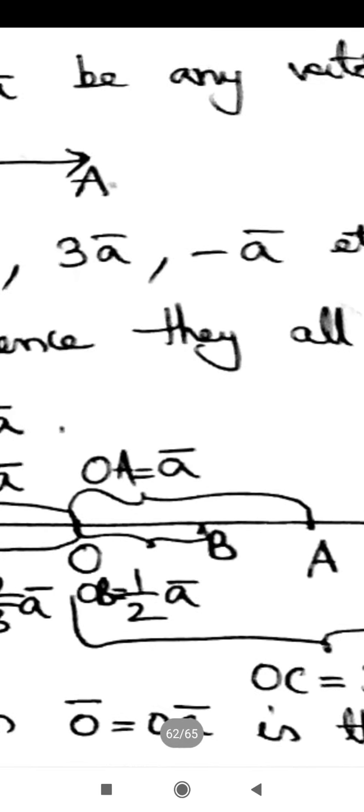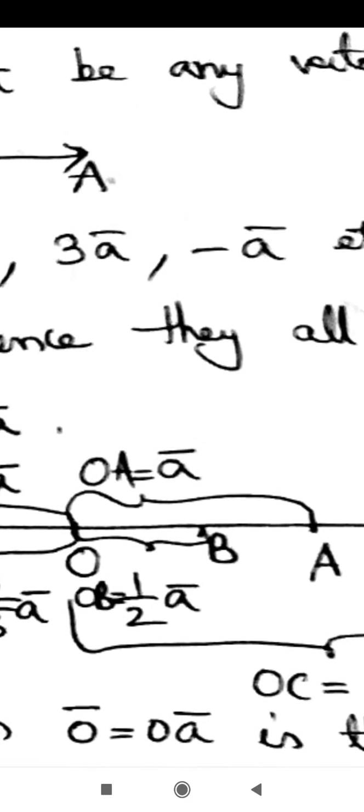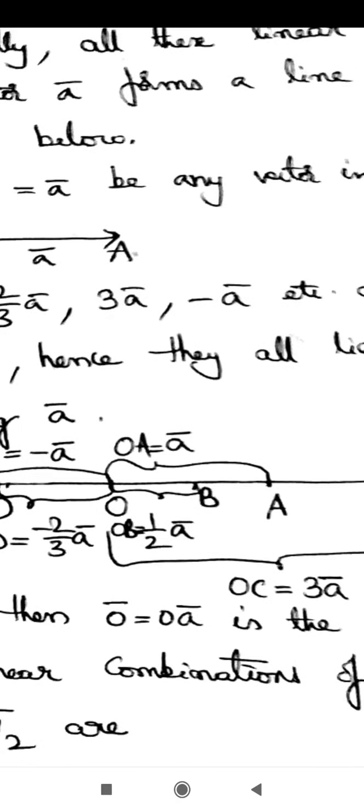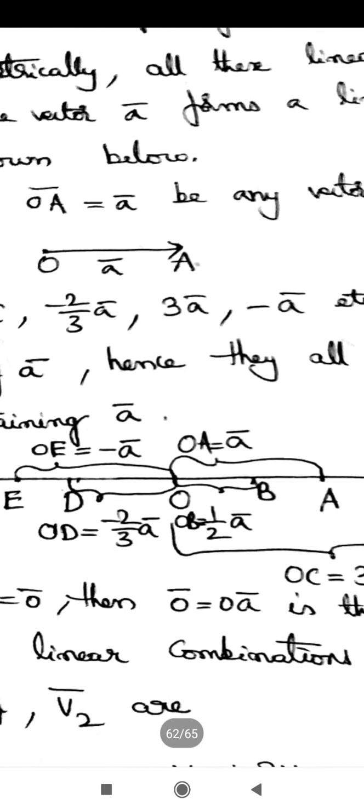And OB I have taken as half of a bar. Here in the figure we can see OB has half the magnitude of OA and the same direction as OA, O to A. Now it is O to B, but still it has the same direction. Now moving on to the left side of the origin, I have taken the point D with OD as minus 2 by 3 a bar.